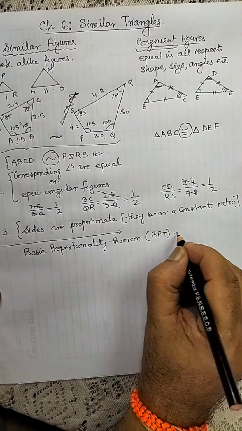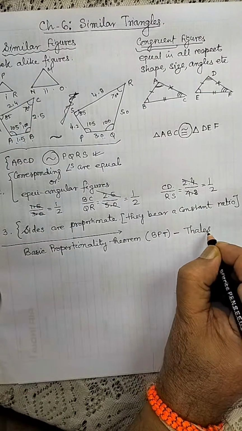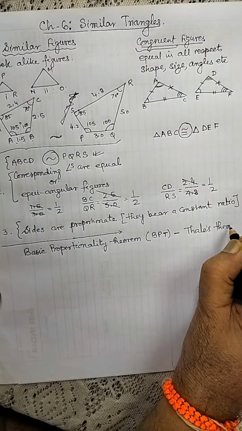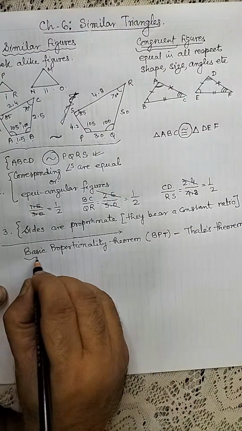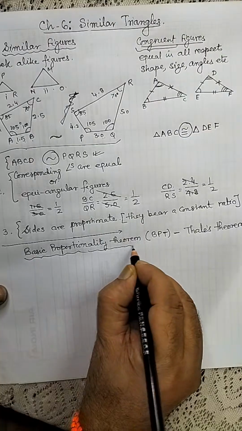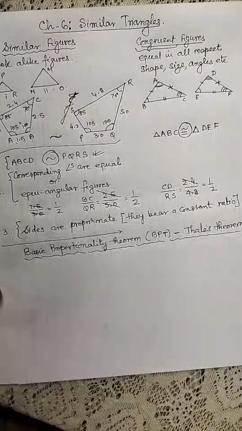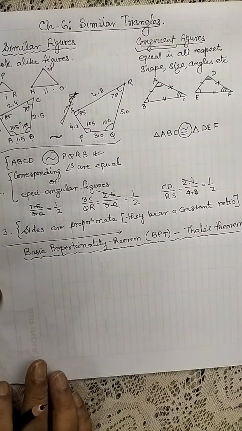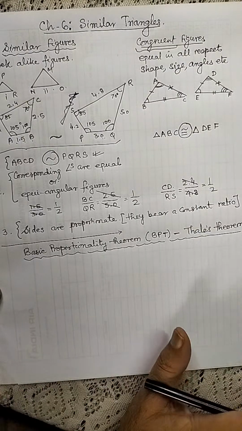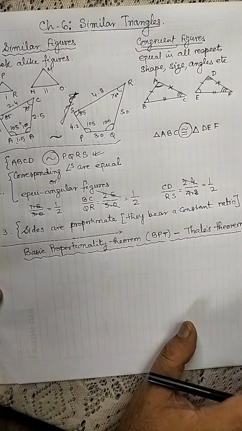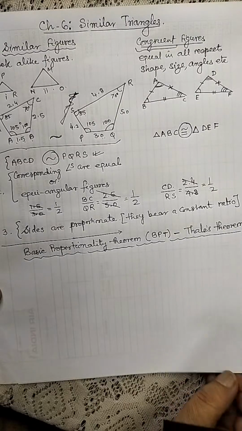It was first given by Thales, and sometimes it is also referred to as Thales theorem. You should know these things and this is very important. For sure a 5 mark question is expected on this theorem. A direct question can be expected, like state and prove BPT, or sometimes the statement is given and you are to prove BPT. Clear?